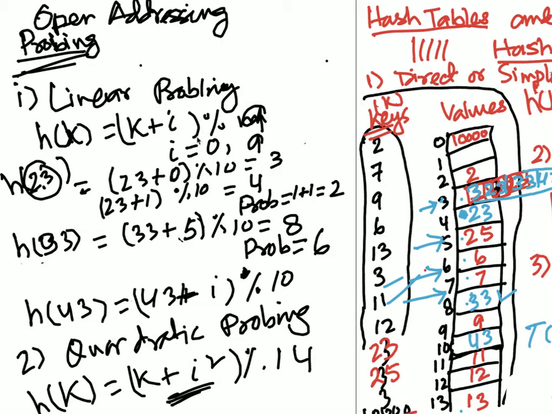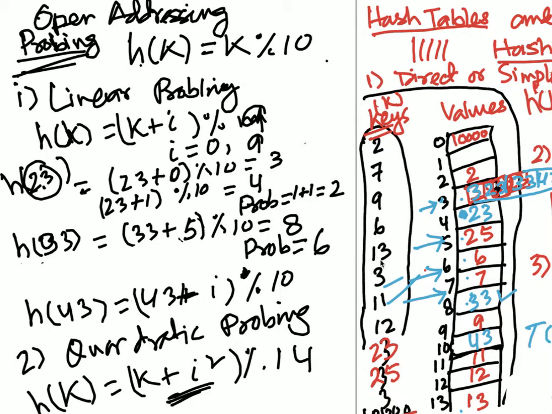If we use the division operation with modulo, and we consider m equal to 10, and our hash function is h of k equal to k modulus 10, then what will happen?